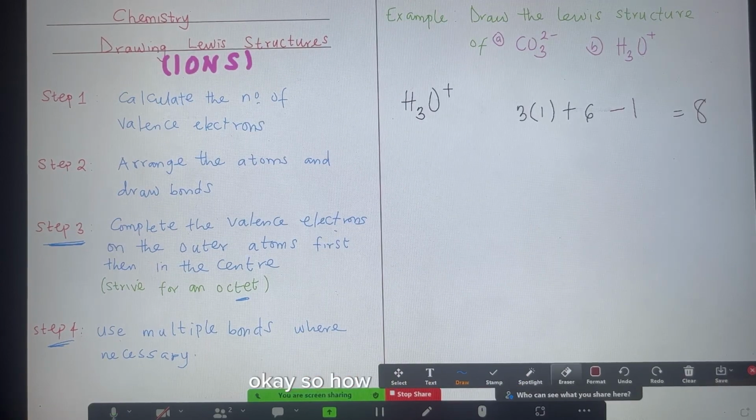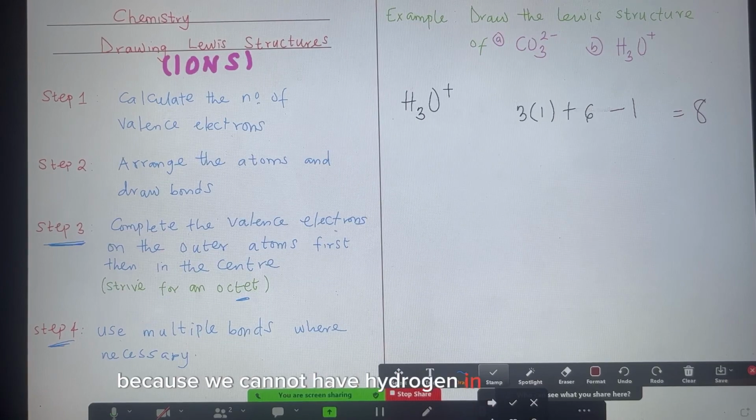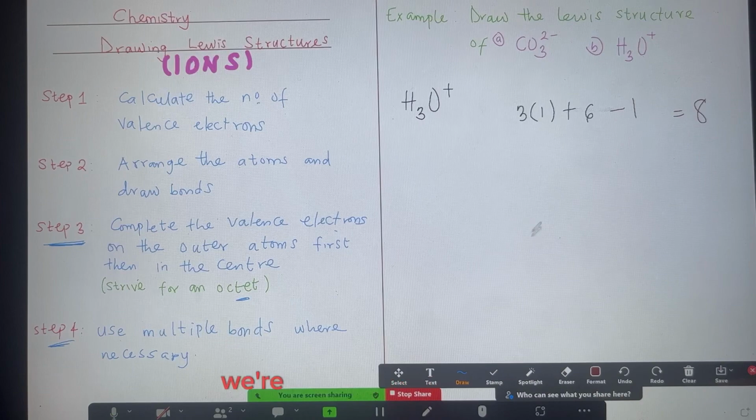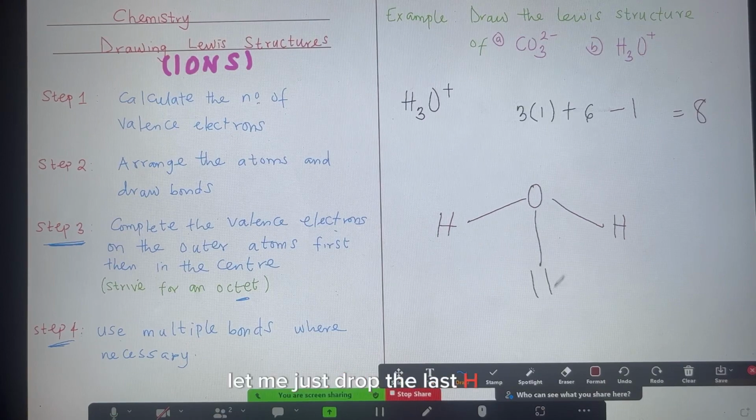Okay, so how do we do this? We said the least electronegative atom should be in the center, but in this particular case, we're going to circumvent that rule and do it this way, because we cannot have hydrogen in the center. Hydrogen is never really in the center. So in this case, we're bringing an oxygen here, and then we're putting hydrogen outside. H, H, and let me just drop the last H here.